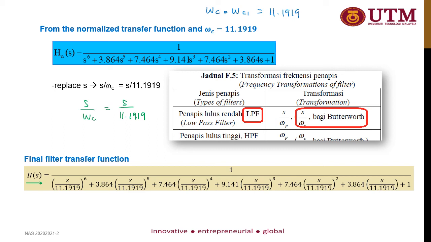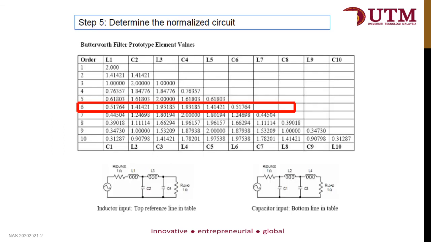For your final transfer function. Okay, lastly, the circuit realization for Butterworth filter. As mentioned earlier, due to the complexity, the circuit realization for Butterworth will not be discussed in detail in this course. However, if you need to come up with the filter circuit, it's basically more or less the same steps as the Chebyshev.